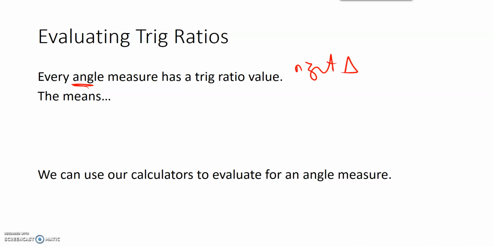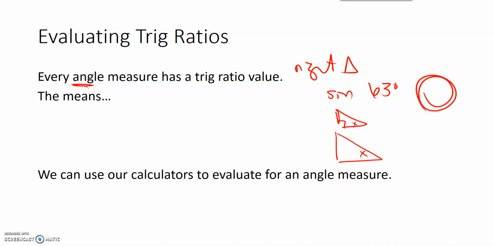But if I'm talking about 63 degrees and I want to do sine of 63, whatever that is going to be is the same in this triangle as it is in this triangle if both of those angles are 63 degrees. So really what I'm getting at is the values we're going to get today are going to be the same for any triangle.